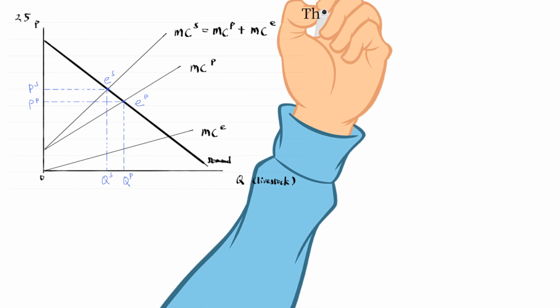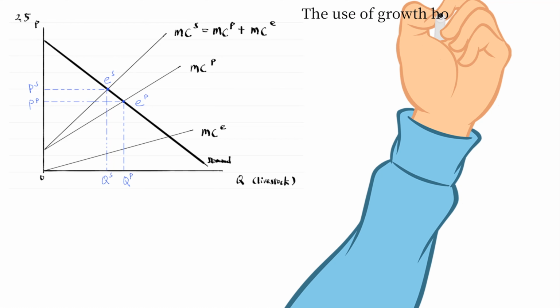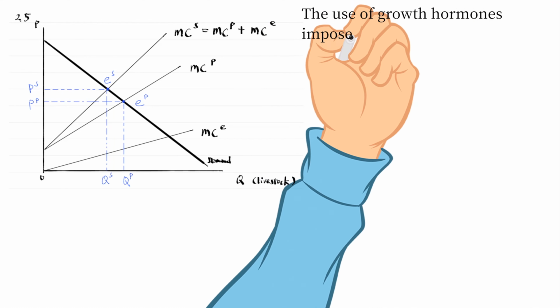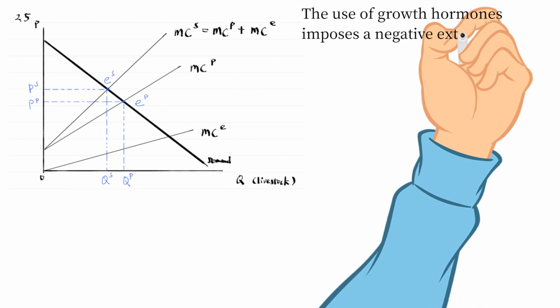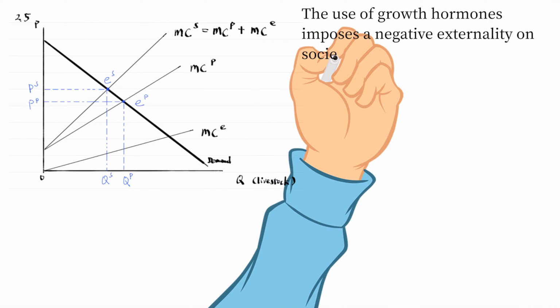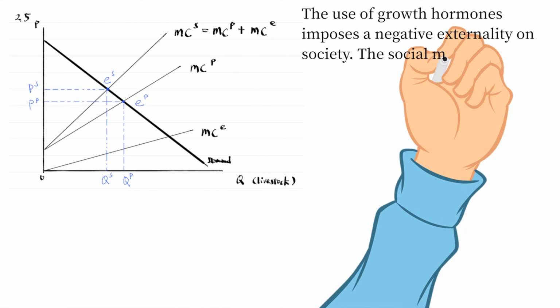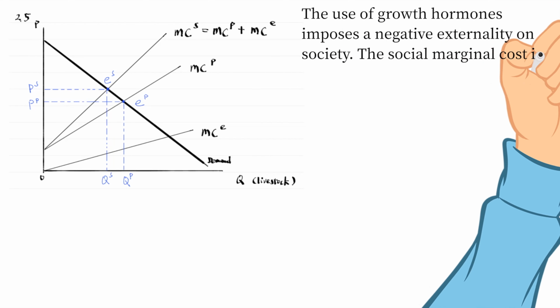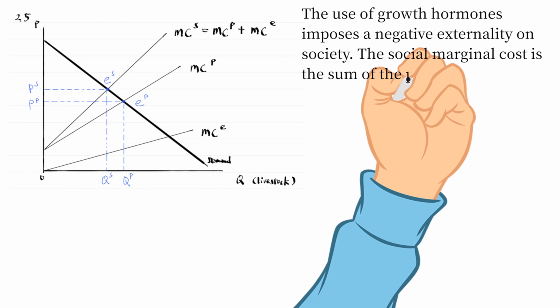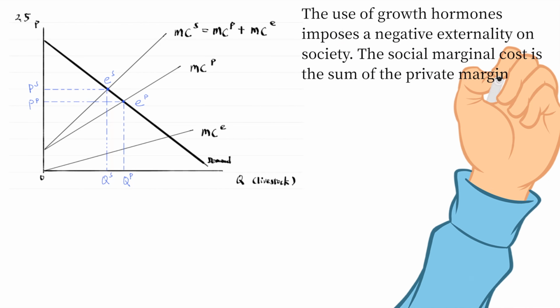The use of growth hormones imposes a negative externality on society. The social marginal cost is the sum of the private marginal cost and the negative externality marginal cost.